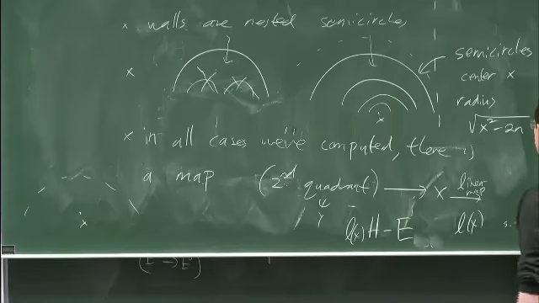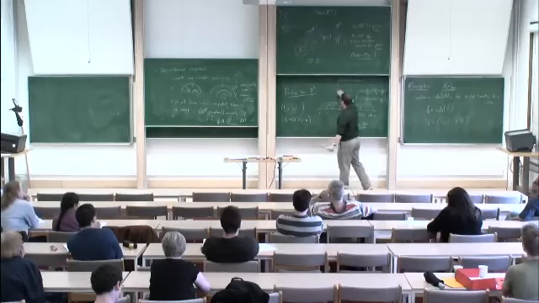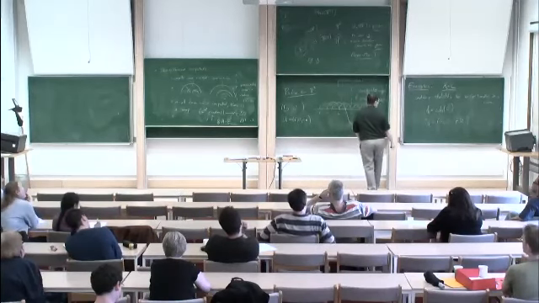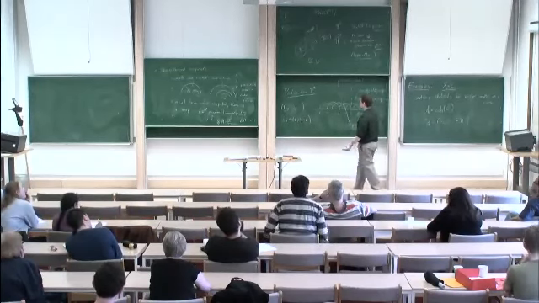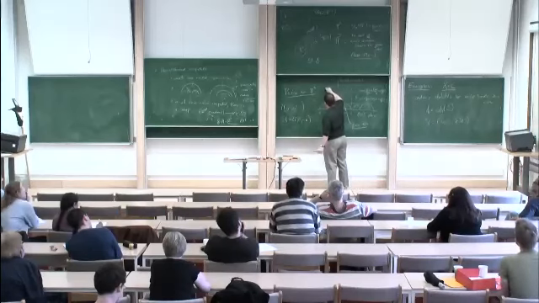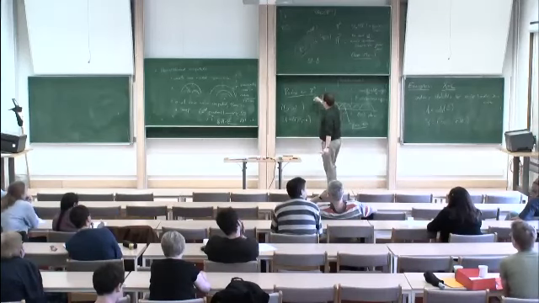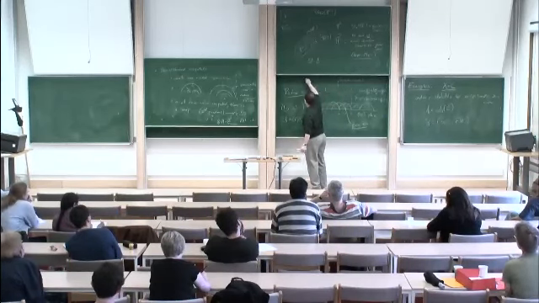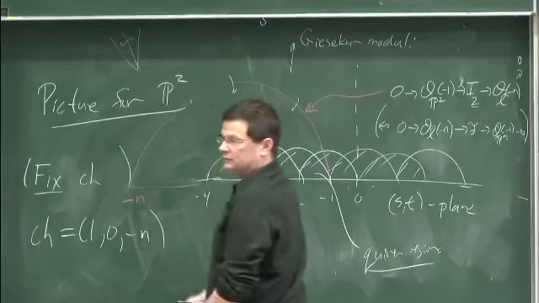So morally, there should be a map from this slice of the stability manifold to the effective cone. Crossing this wall really does correspond to crossing the wall in the effective cone.